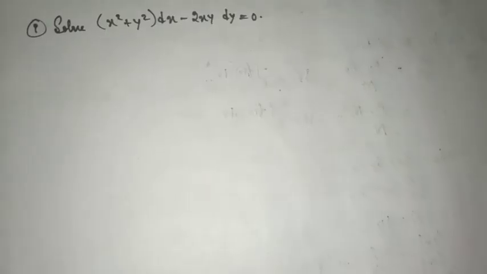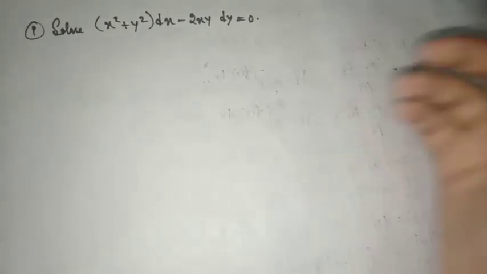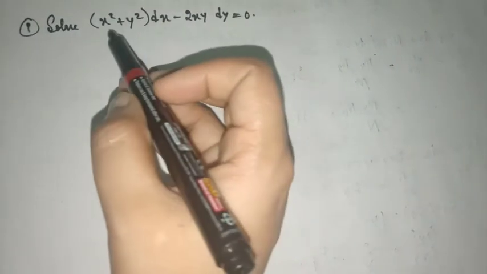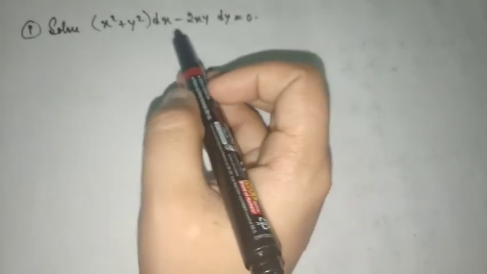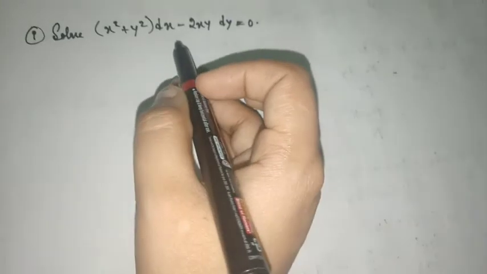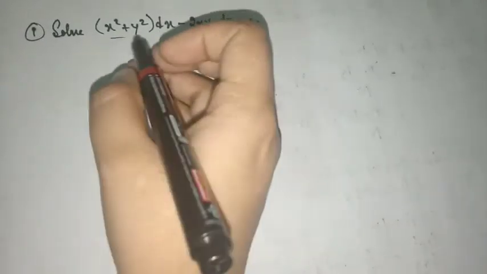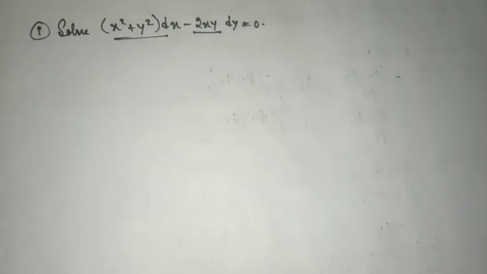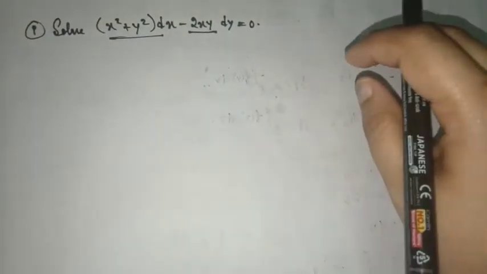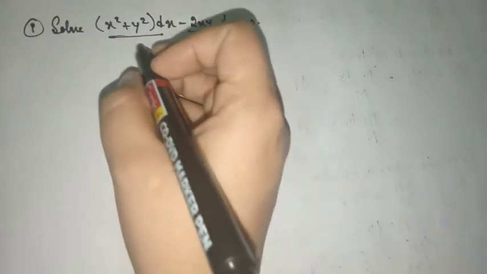Alright, so let us see an example from this form. Now we can see that this is neither of form 1 nor of form 2. So therefore what we will do is, see, this one is M and this one is N. So we will find del M by del x, del M by del y and del N by del x.